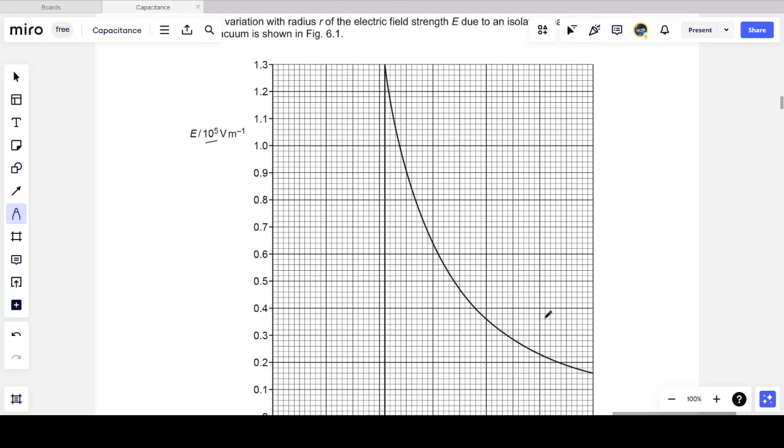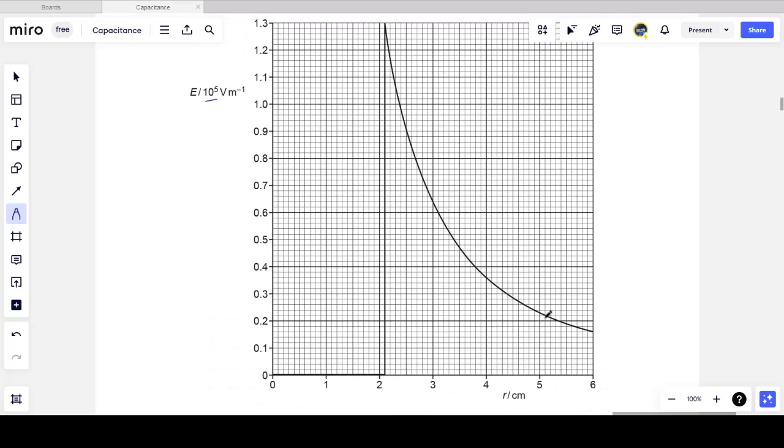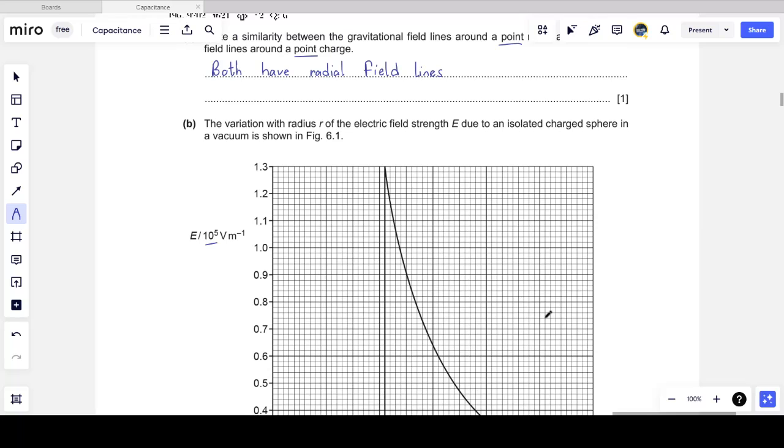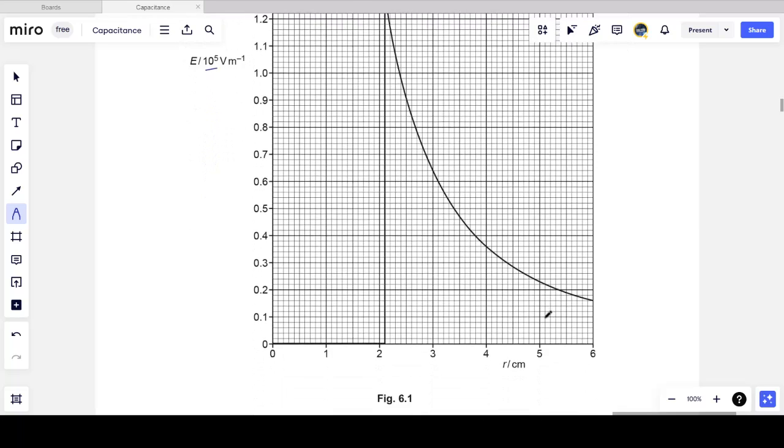So how do I look at this graph and tell what the radius of the sphere is? Well, what do I know? Inside a conductor, the electric field strength is 0. So if I'm measuring my distance from the center of the conductor to the surface, the electric field strength will be 0 inside, from the center of the sphere to the surface.